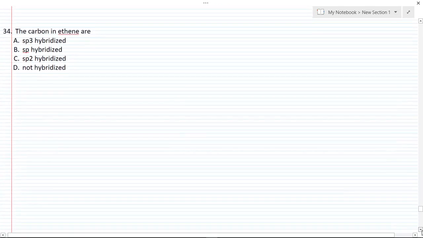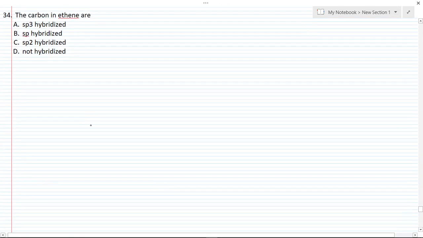Moving forward, question 34. The carbons in ethene are A, sp3 hybridized, B, sp hybridized, C, sp2 hybridized, and D, not hybridized. Basically, hybridization deals with mixing of orbitals.